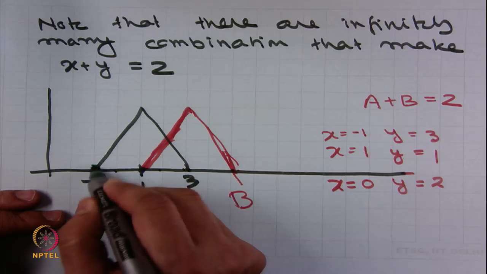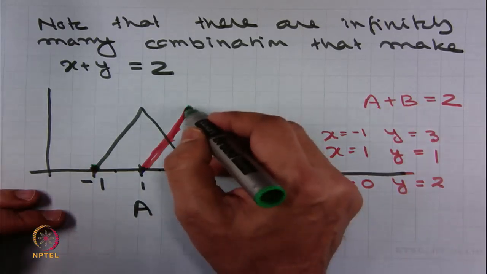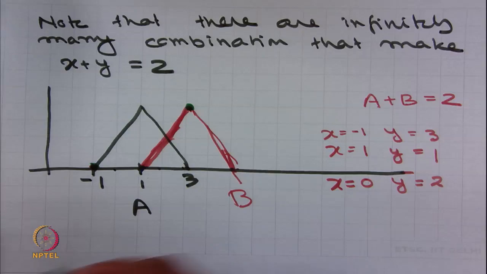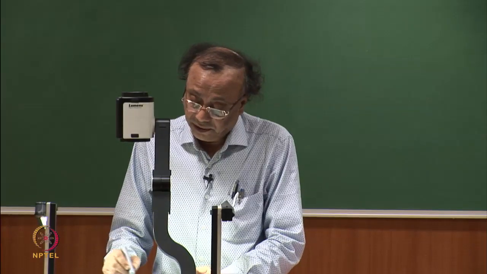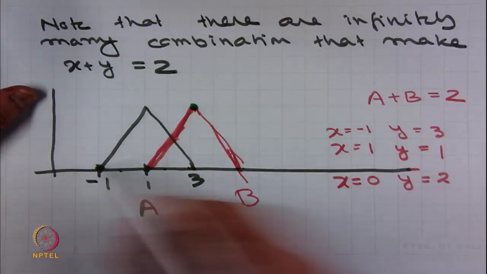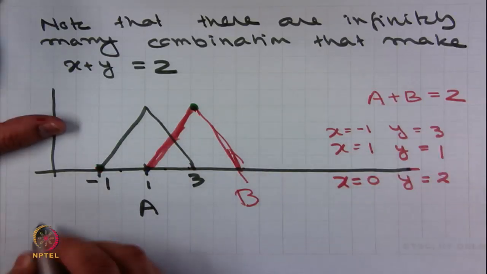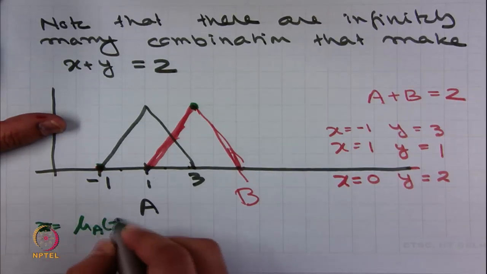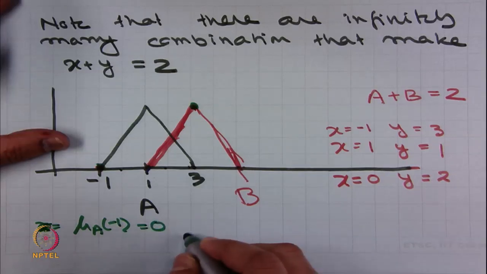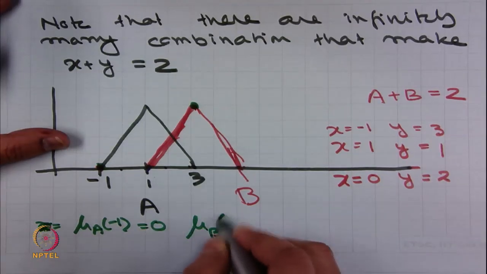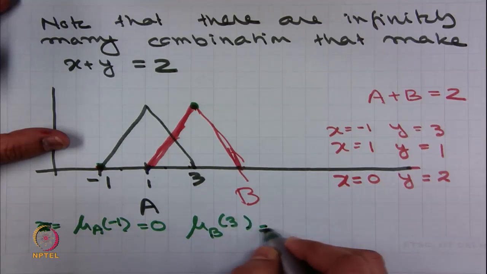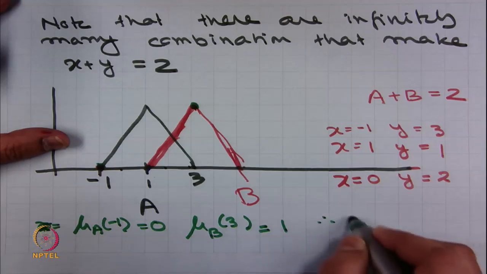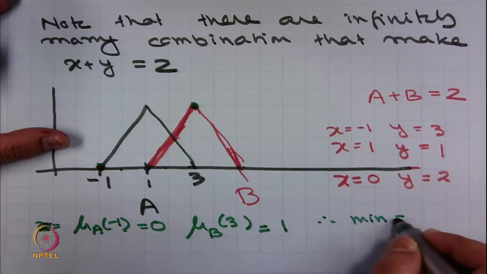When x is minus 1 and y is 3, then membership value for x is 0 and mu B of 3 is equal to 1. Therefore, minimum is equal to 0.